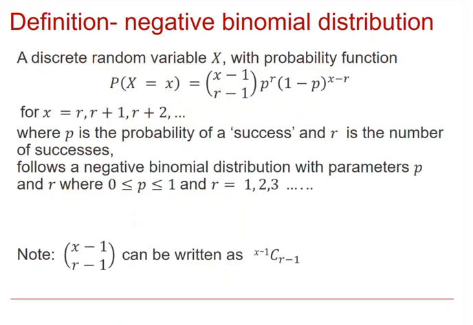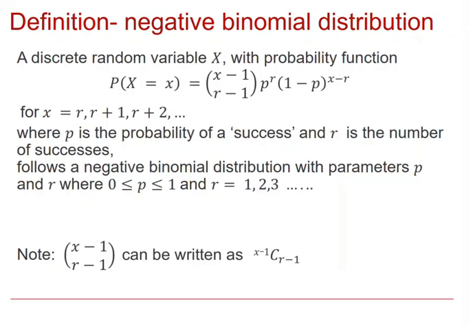This is a reminder of the definition of the negative binomial distribution. The probability function, probability X equals a particular outcome x, is given at the top of the slide, and remember that the random variable X represents the number of independent trials necessary in order to achieve r successes.